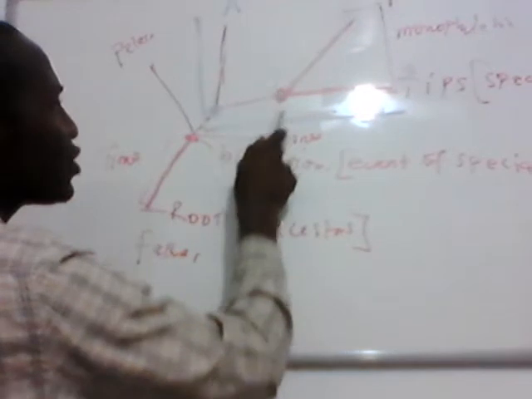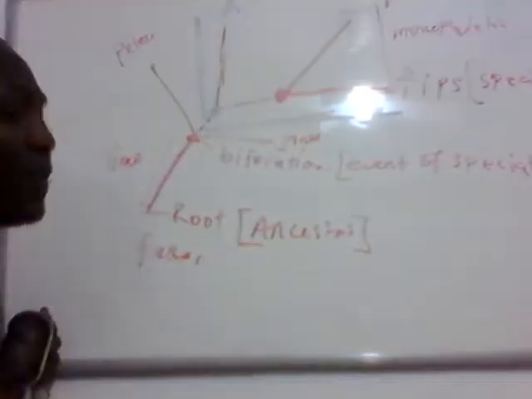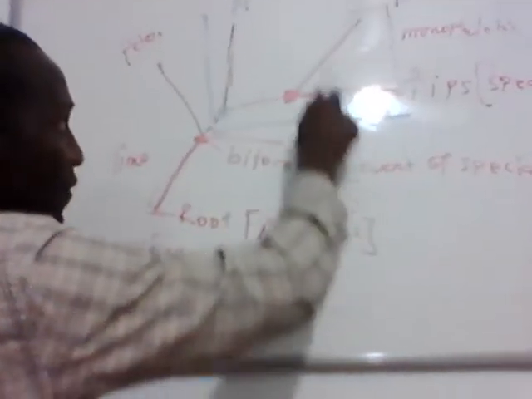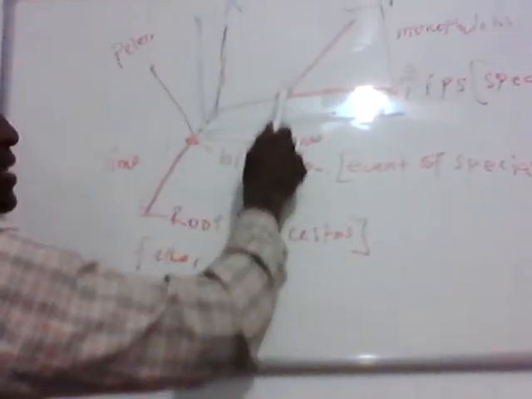These two share the closest common ancestor here. So this one's common ancestor is here. So you will understand that this is paraphyletic. Some members are monophyletic and a few members, or one member, is not part of that monophyly. So we call it paraphyletic.